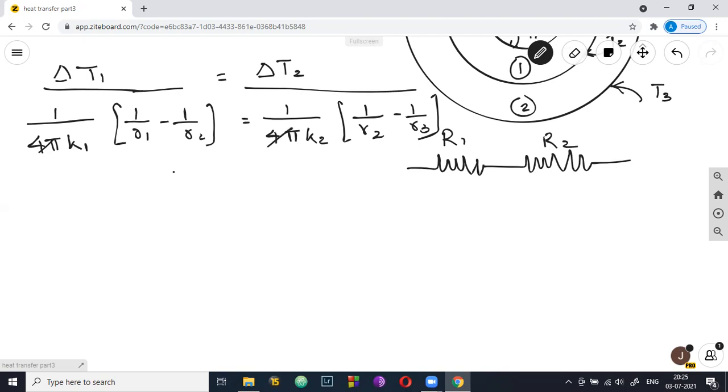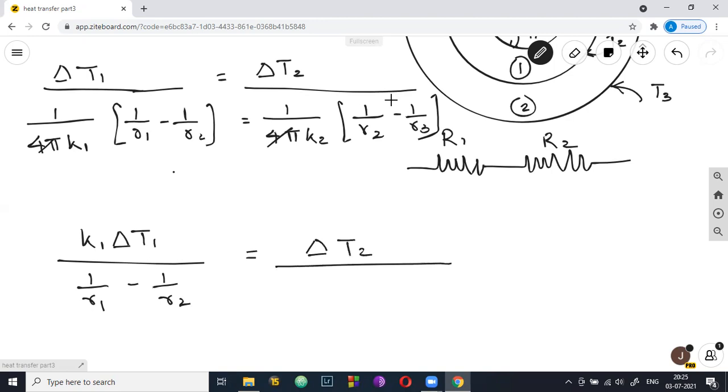So what you get is K1 delta T1 by 1 by R1 minus 1 by R2 equal to K2 delta T2 divided by 1 by R2 minus 1 by R3. Guys, understood my mistake here? Can you please do that correction? Guys, any doubt in the correction?